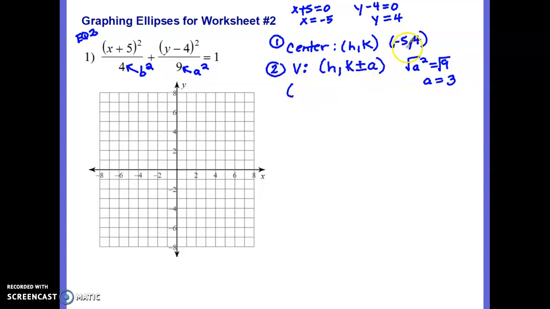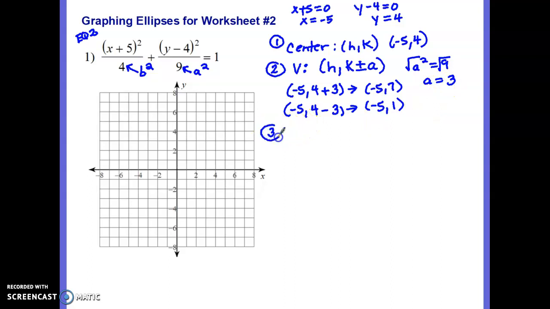You're going to have negative 5, which is h, and k, which is 4, and then you're going to do plus or minus a. a is 3. And you're just going to find your answer. So I have (negative 5, 7) and (negative 5, 1). Those are my vertices.